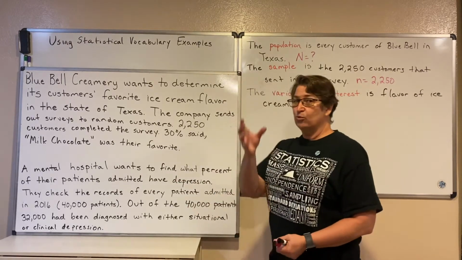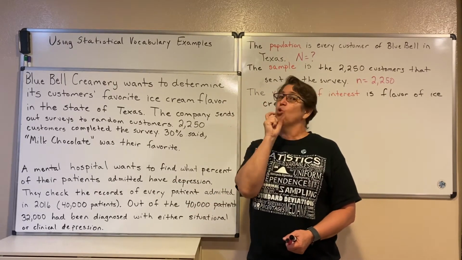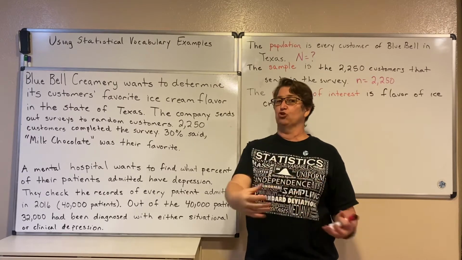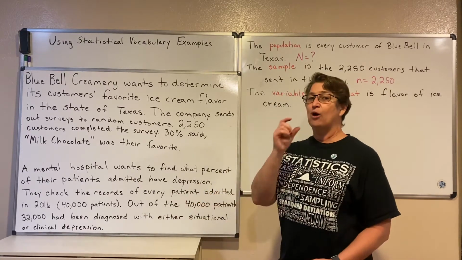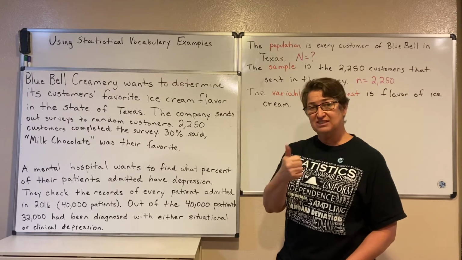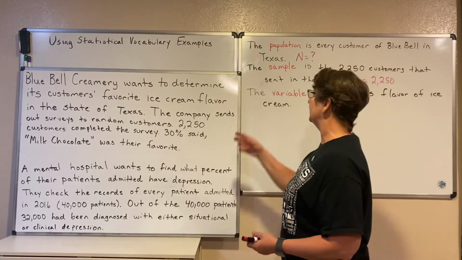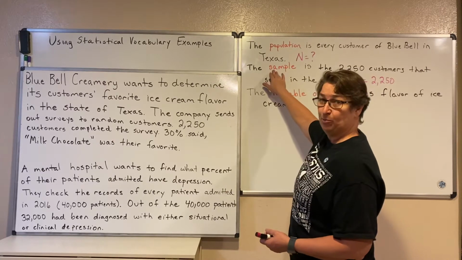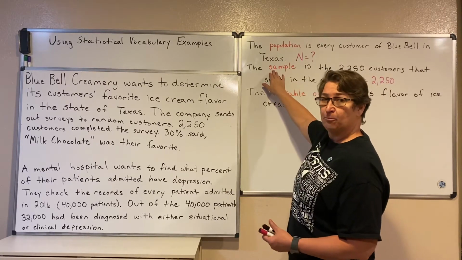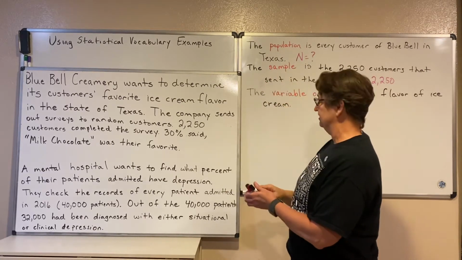And we narrow all those down to one number that represents all that data. That one number is either a statistic or a parameter. Well, in this case, we collected data from a sample. So that one number will be a statistic.